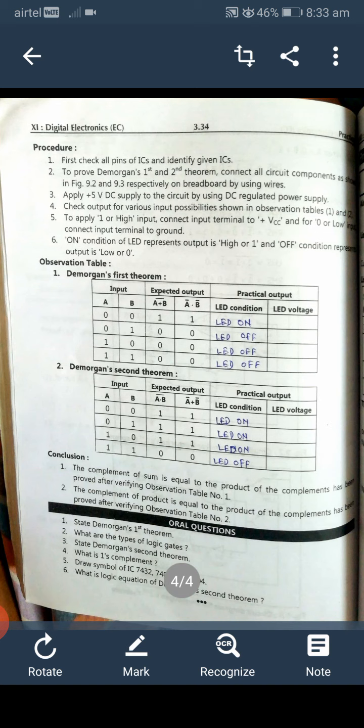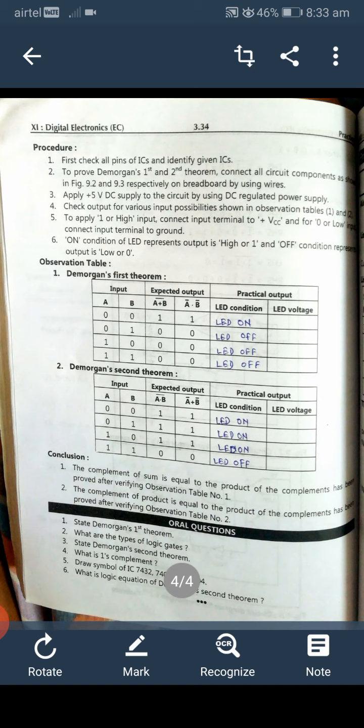Apply plus 5 volt DC supply to the circuit by using a DC regulated power supply. Check the output of various input possibilities shown in the observation table given below.